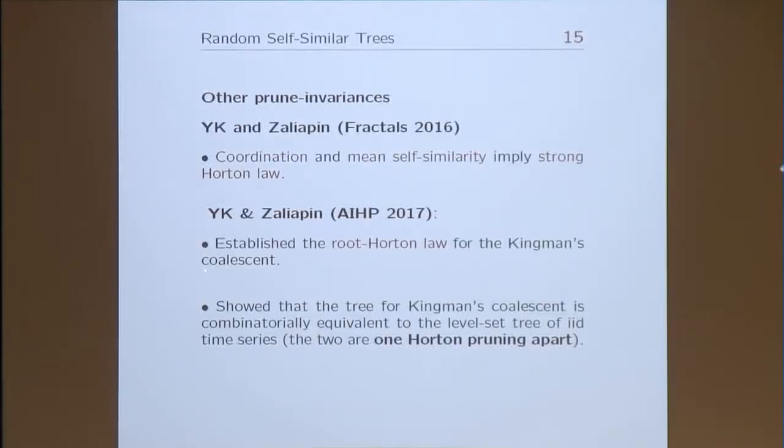The other one was studying invariances under Horton pruning of trees created by Kingman coalescent, and we've shown a weak version of what's called the Horton law there. But of the curiosities again, I wanted to highlight the following fact, that from the Horton pruning perspective, the Kingman coalescent tree is only one pruning apart from the level set tree for an IID time series.